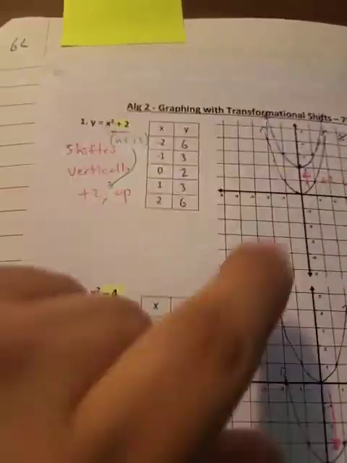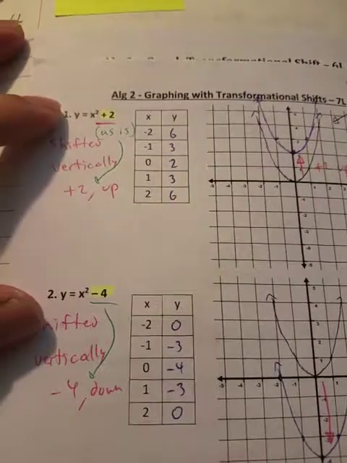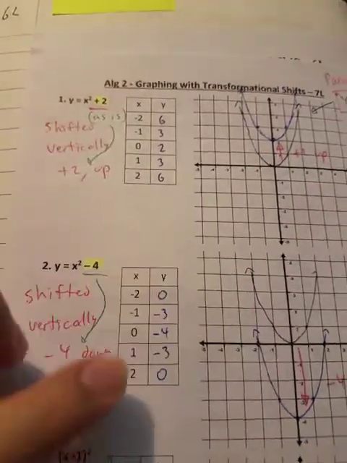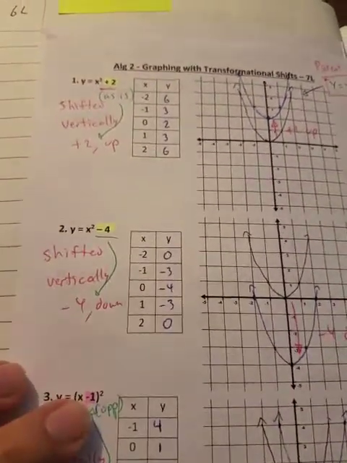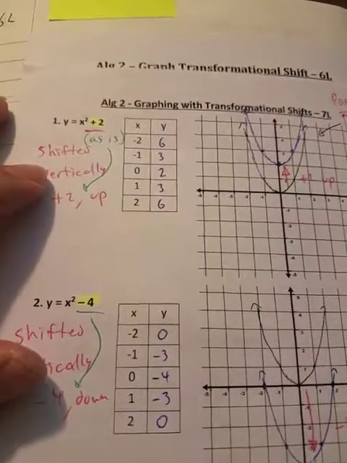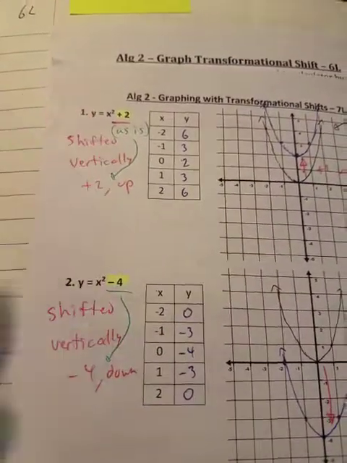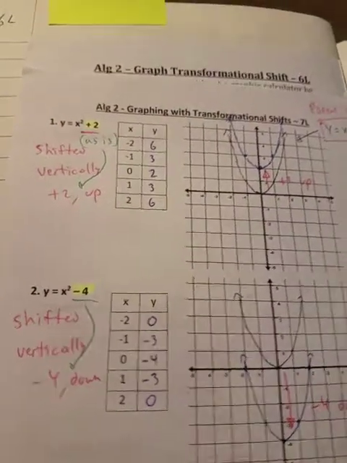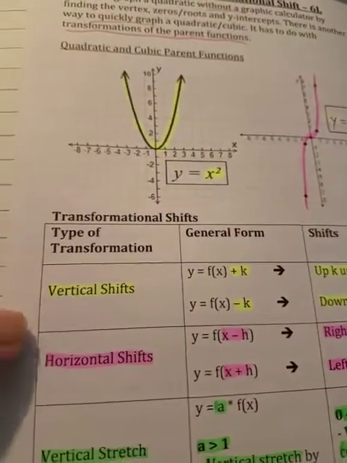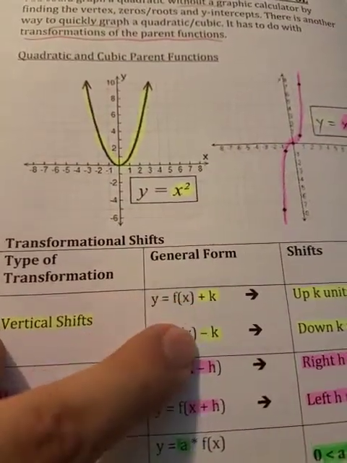So you can see here the parent function is there, and this is a function that they want you to graph now. Now these tables, yes, I got these tables after the fact. You can get them in Desmos as well. But I want you to see here, this plus 2, so these two nicely highlighted ones, are exactly what I'm talking about when I have the vertical shifts. So you have the function plus something or minus something.